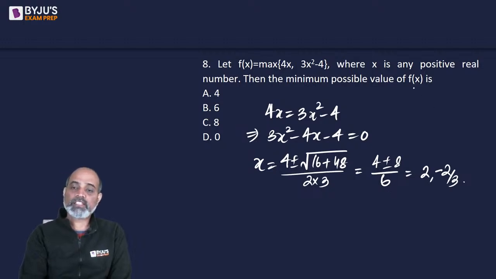Now we need to find the minimum possible value of f(x). So x has to be any positive real number.